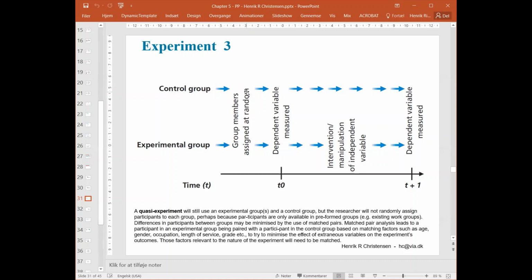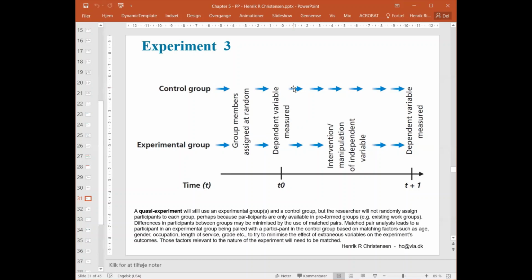That's what it says here. And then we have a measurement of the dependent variable. That could be satisfaction. And notice that when we have the control group and the experimental group, both groups are assigned members on a random basis. Both groups have measured their satisfaction at time t0. So at this point, you could say they are equal.